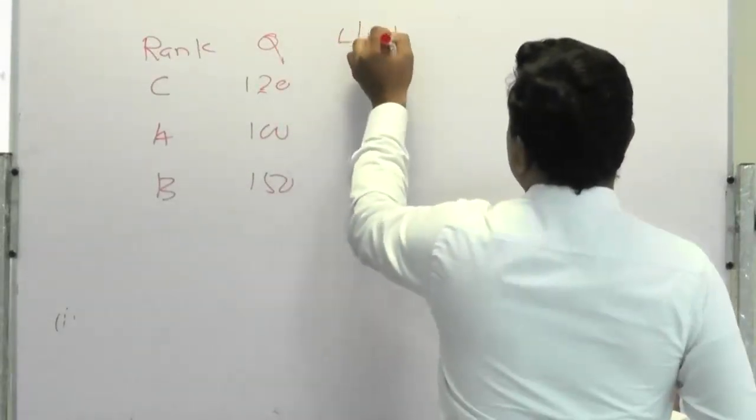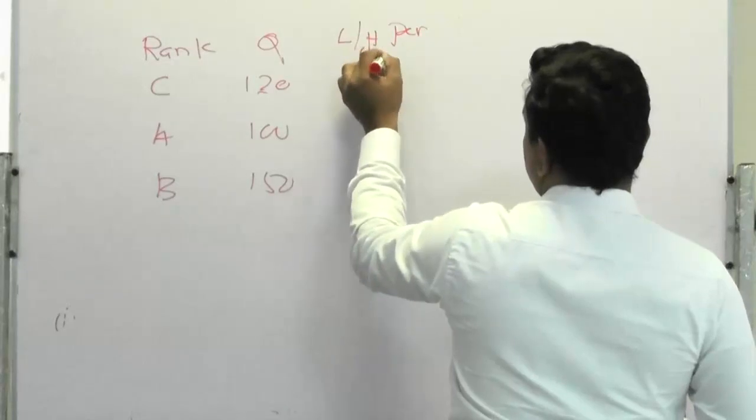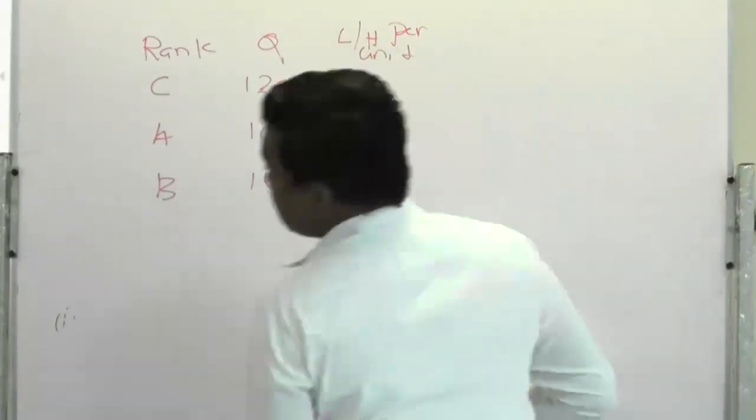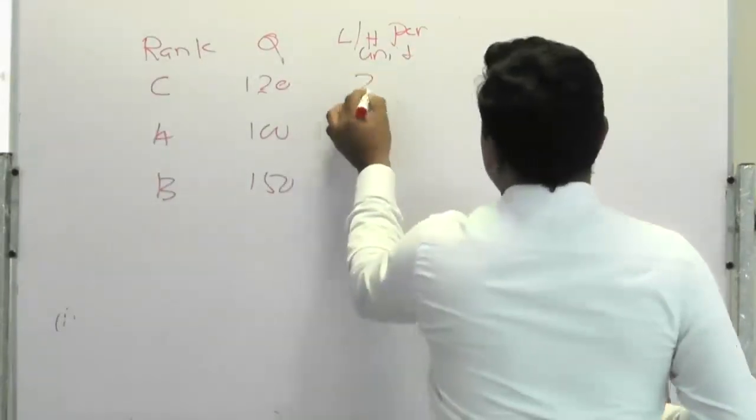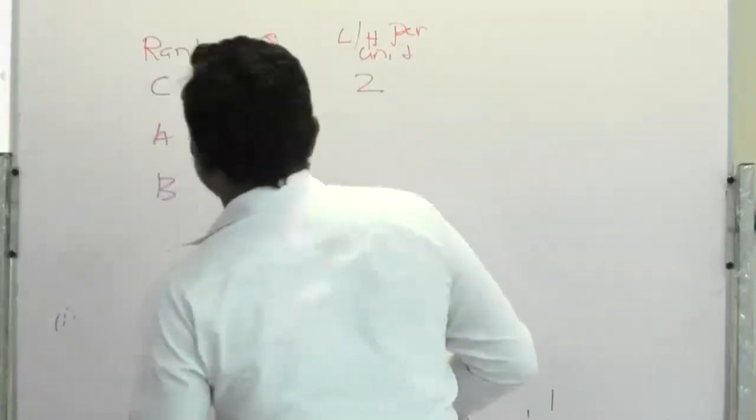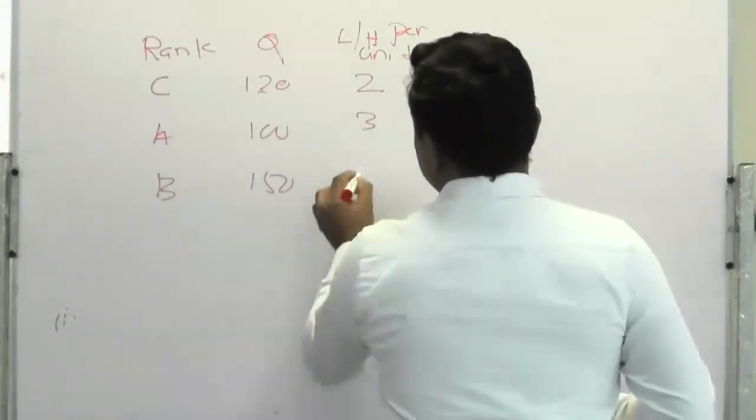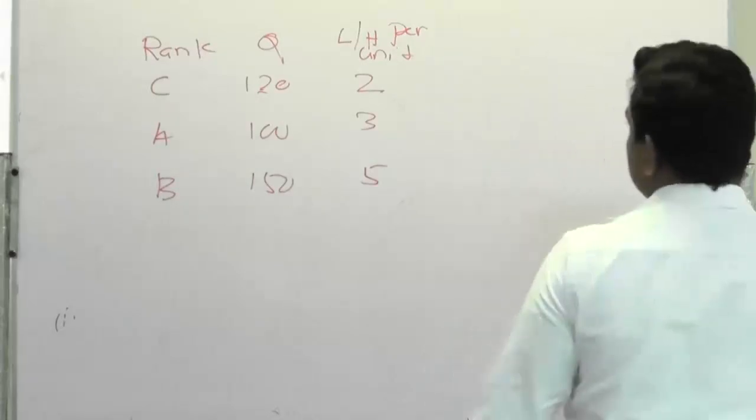Labor hours per unit: C will take 2 labor hours, A will take 3 labor hours, B will take 5 labor hours.